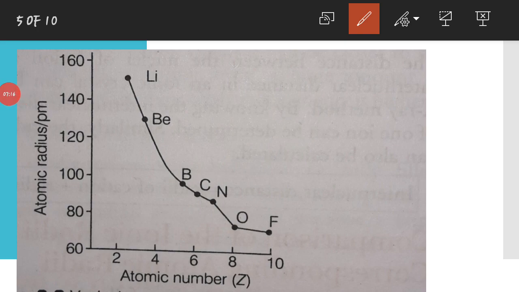Here is the variation of atomic radius with atomic number across the second period.